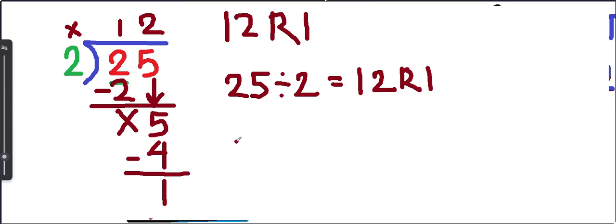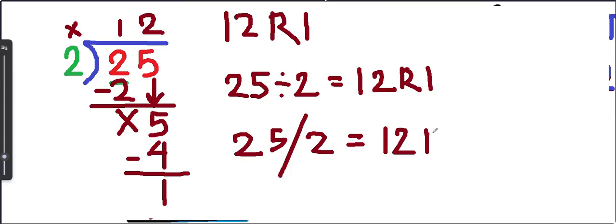Okay, that can be our answer. Either way, you can write in any of the ways which have been given over here. So this is a sum which has a remainder along with it. Okay, let's go to the next sum.